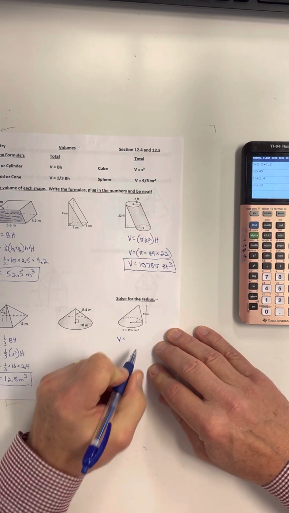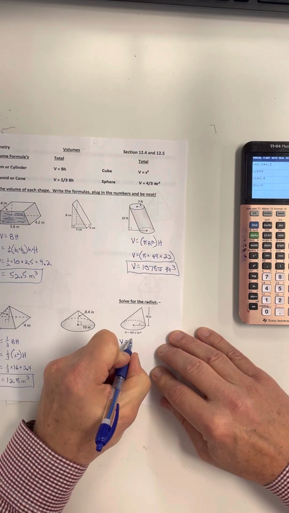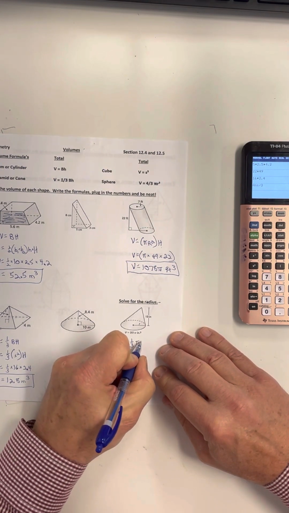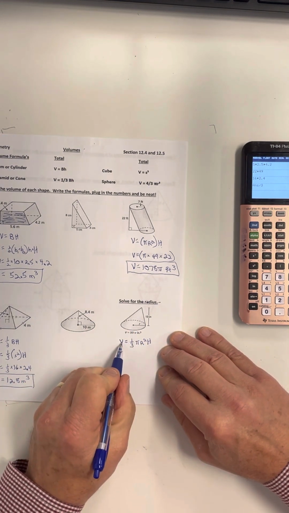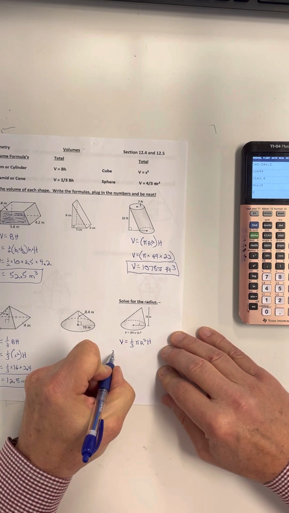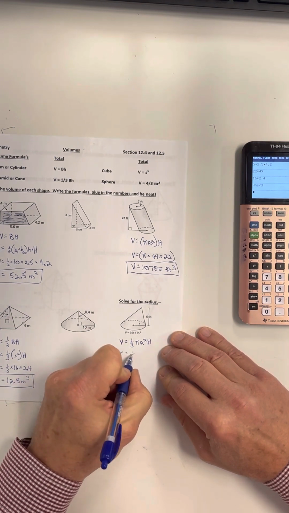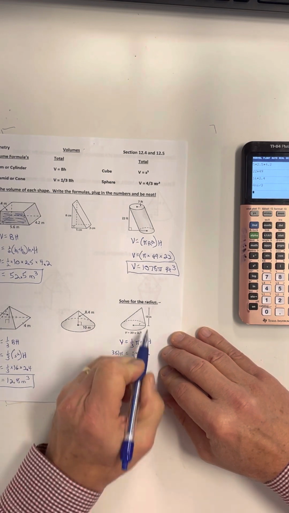Volume is equal to 1/3 base times height. And since it's a circle, it's going to be 1/3 pi r squared times height. Now we plug the numbers in. The volume is 351 pi, equals 1/3 pi r squared times 13.